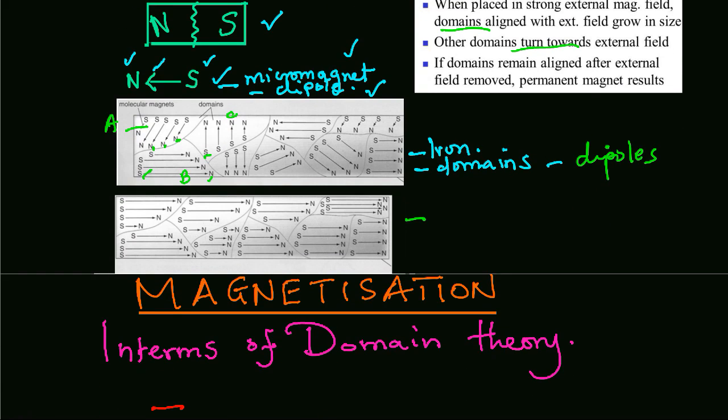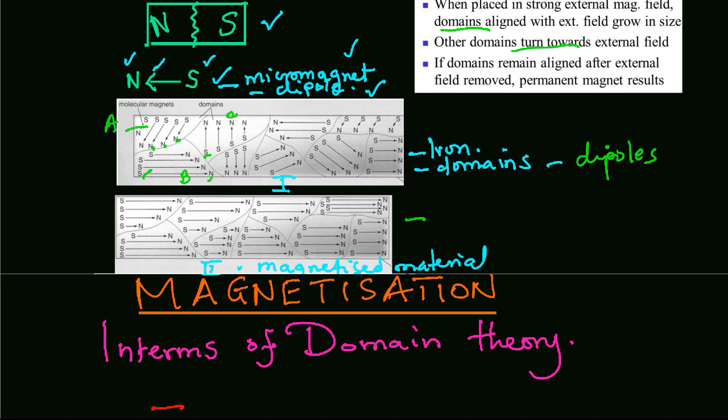So if we compare diagram 1 and diagram 2, then diagram 1 represents an unmagnetized magnetic material, while diagram 2 represents a magnetized material.